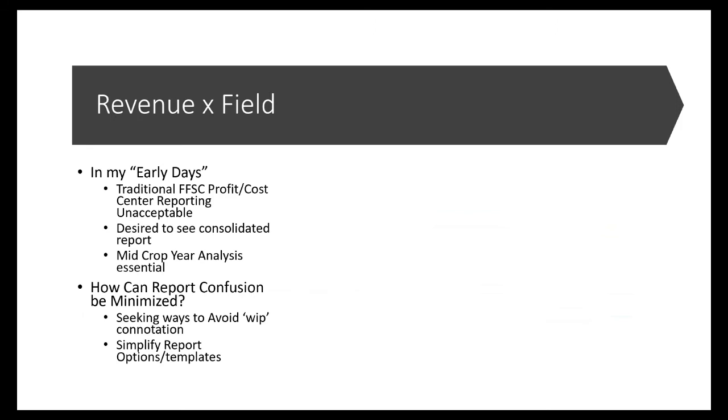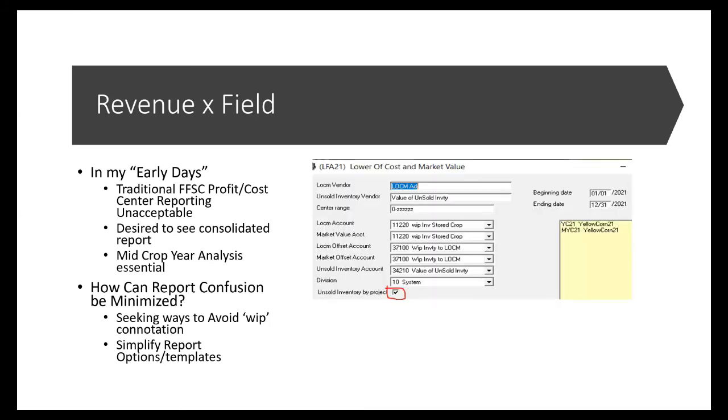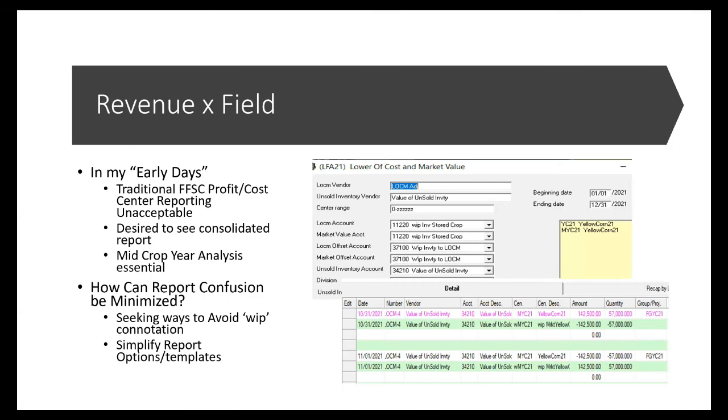I twisted Norm's arm to create a special report called a revenue by field report. And basically this is a combination of a finished goods marketing center as well as the cost center at the field level. So by doing all this and using that value of unsold inventory feature, this lower cost of market also creates an entry called value of unsold inventory.